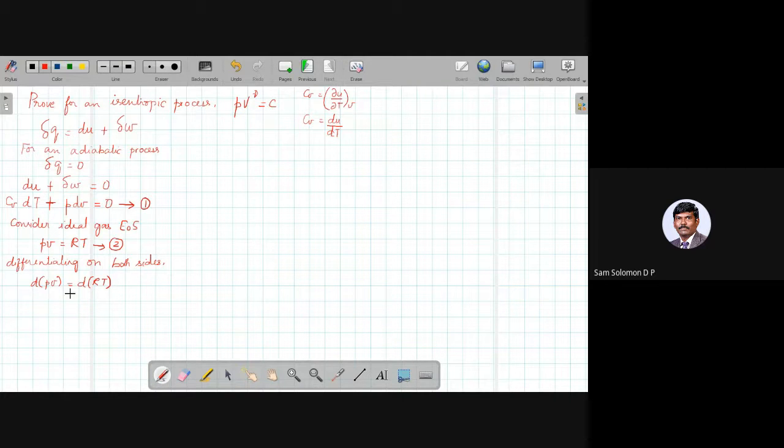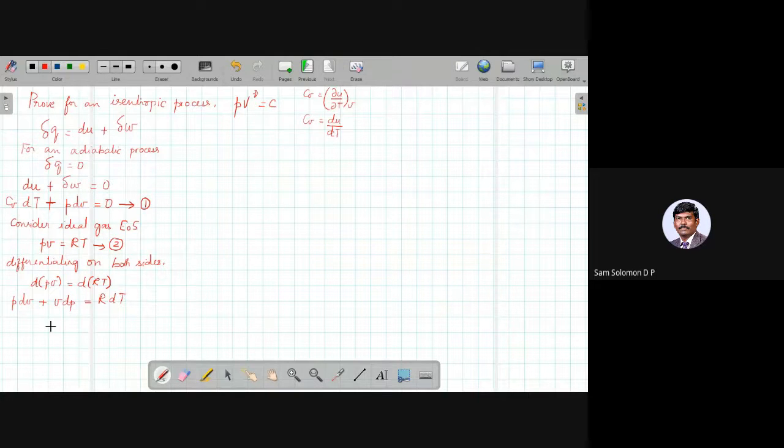And we have already seen the mathematical equation for d of xy. d of xy is x dy plus y dx. So here you can write this as PdV plus VdP, and this is R dT plus T dR. R is a constant, so dR will be 0, so you won't have the second term. You will simply have R times dT.